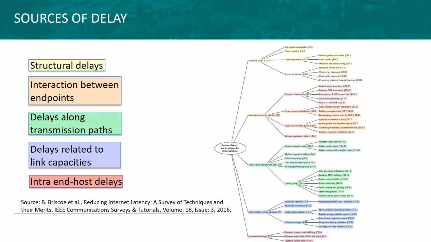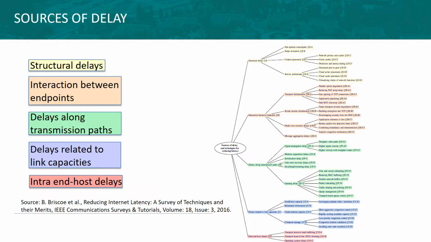In this survey, we divide the different sources of delay into 5 main areas. Structural delays, which have to do with the structure of the communication path or the structure of the application. We have delays that are related to the interaction between the endpoints, for instance, for setting up the communication and for recovering losses between endpoints. We also have delays that we encounter along the transmission path as our packet travels from the source to the destination.